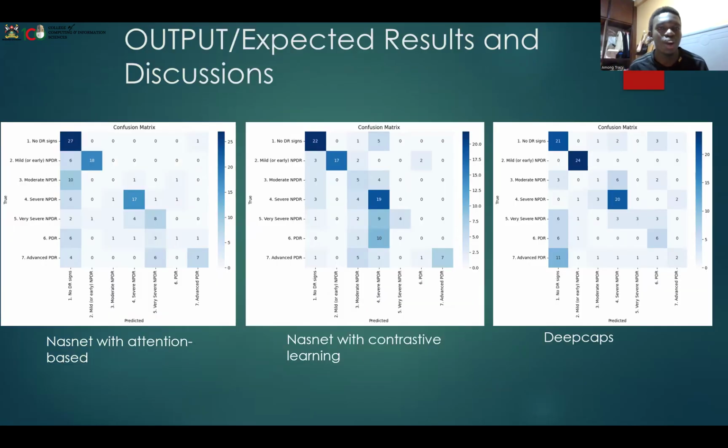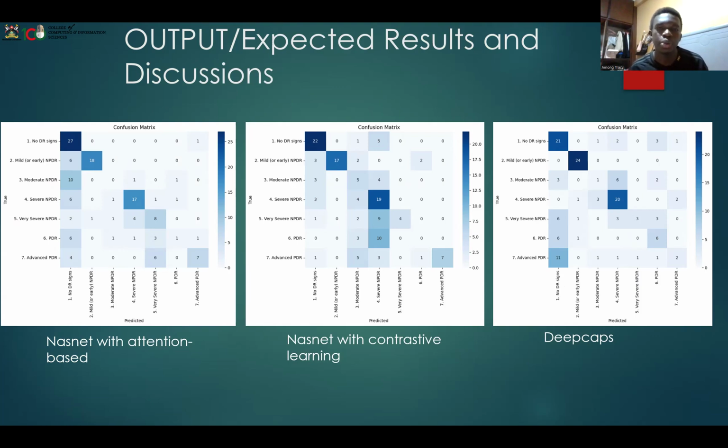Let's move on to our confusion matrix for the different models. As you can see, the deep caps performed well. They were able to predict in the no DR classes, and basically in our project, we are supposed to be able to predict the disease in the early stages.